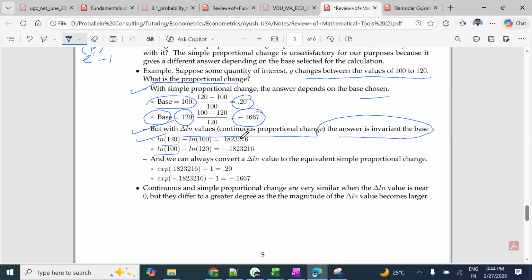The change you can see over here, the answer is the same, 0.1823216. Only the minus sign is coming, that is fine, not a problem, because we are subtracting from a lower value to a higher value.